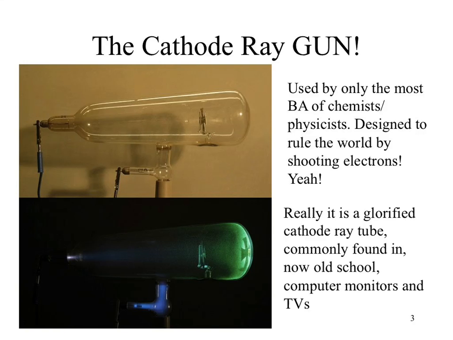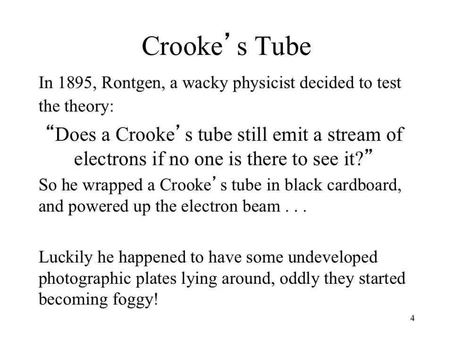Eventually someone got bored playing around with this and decided to test the theory. What he was curious about is, do we still get this electron stream if we can't see it? So for some reason he took one of these tubes, which is technically a Crookes tube, and wrapped it in cardboard paper. In theory, that way you can't see it, so we don't know what's happening inside it.